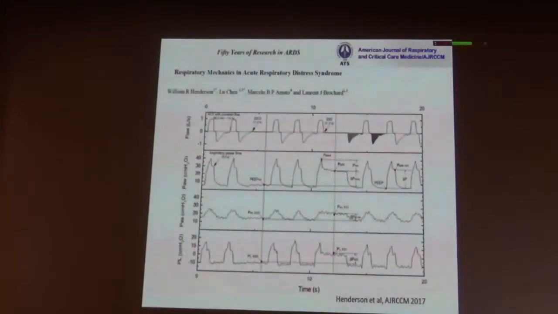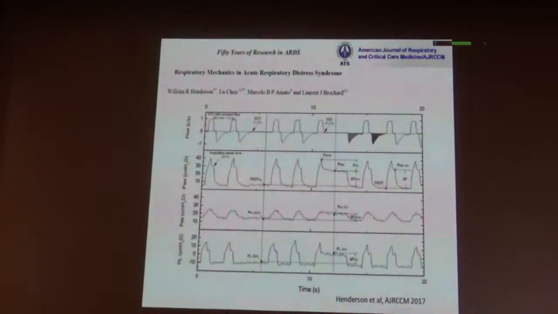Here is an example of tracings where you have the ventilator tracings, the flow, the airway pressure, then the esophageal pressure, which again is really simple to measure at the bedside. Having the two curves on the same monitor may be an issue, but now ventilators offer to put additional pressure on the screen of the ventilator.